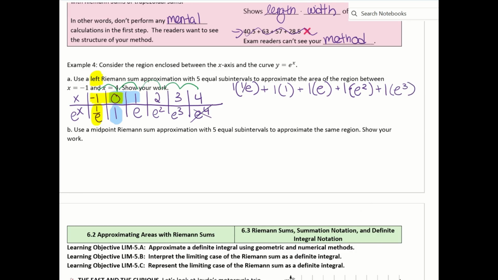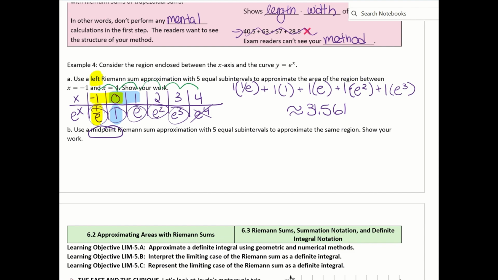And the answer is yeah, this is going to be an underestimate because we're choosing all the left side heights for each of our rectangles. So if you want to put this in your graphing calculator, this is going to equal approximately 31.561.